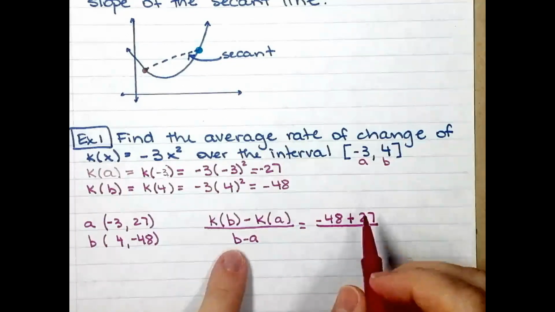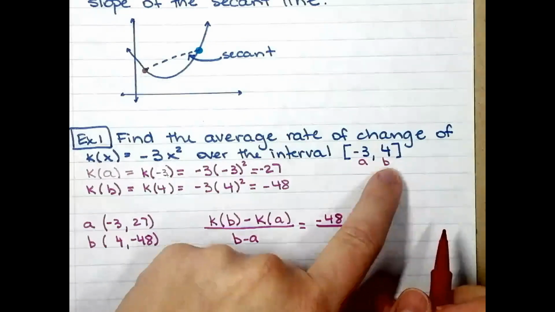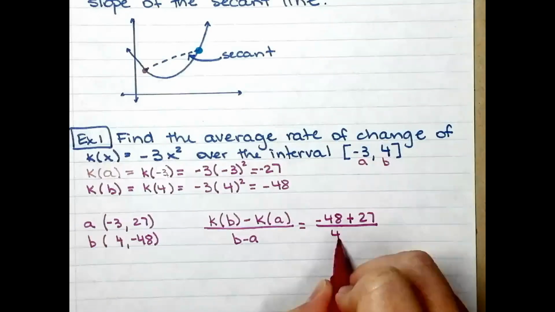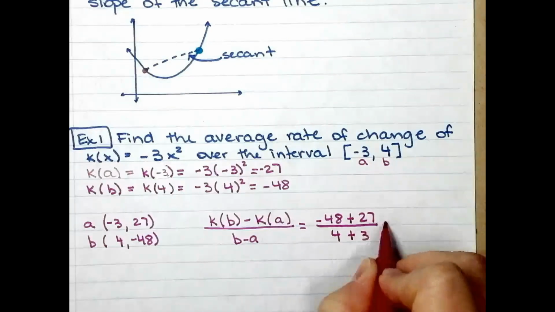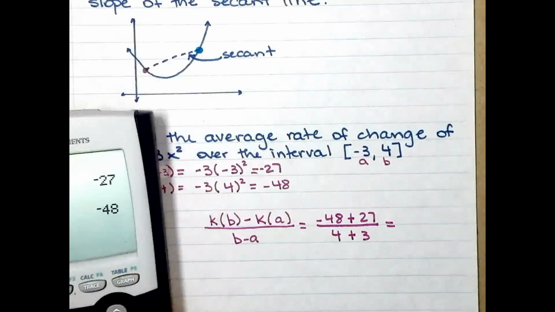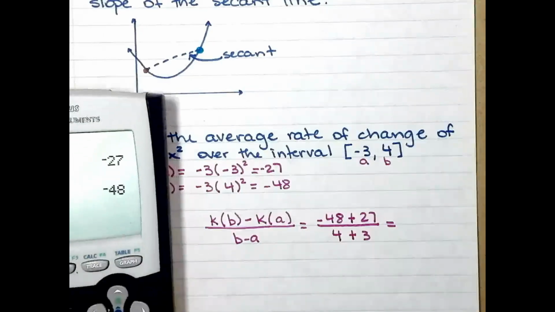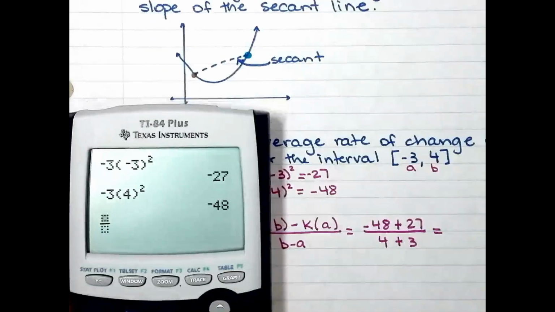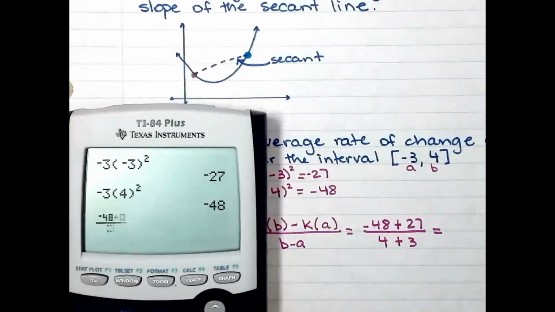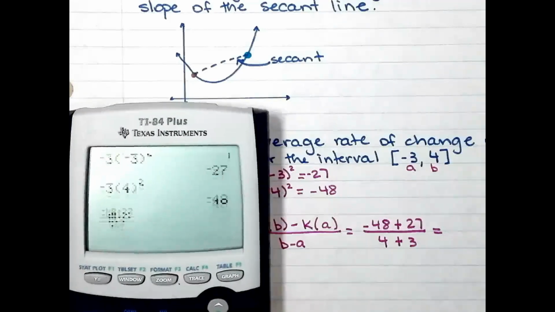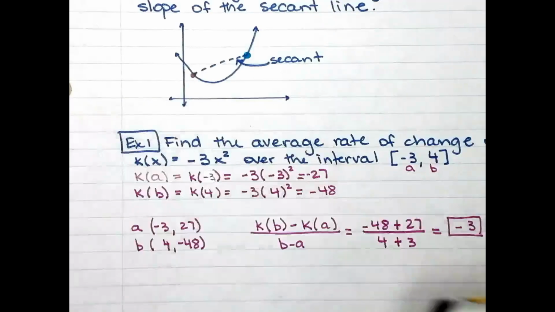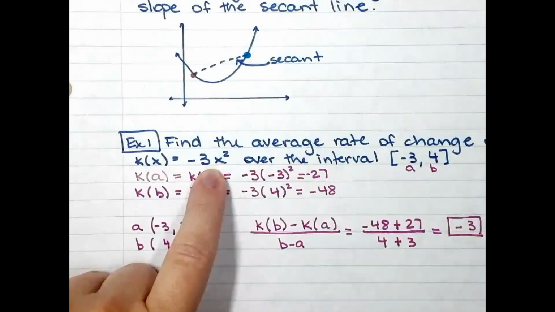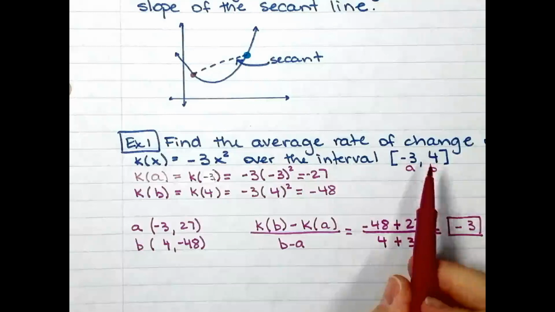B is right there, 4, minus A, which is -3. And here you have two options. You can just put the whole thing in the calculator: -48, 27, 4, and 3. And that will give you -3. So -3 is the average rate of change of that over this interval right there.